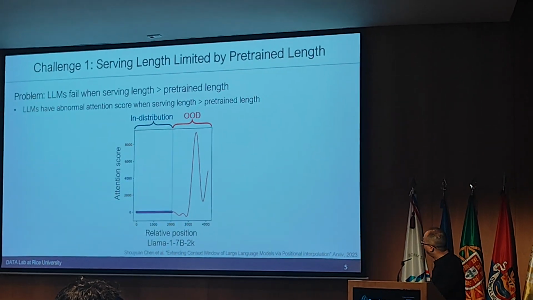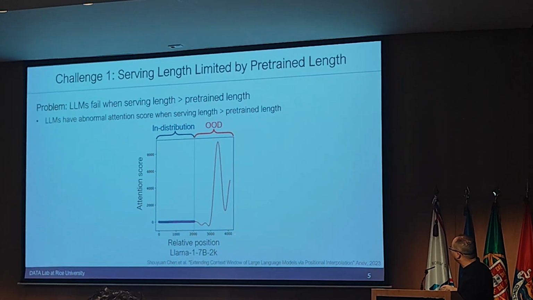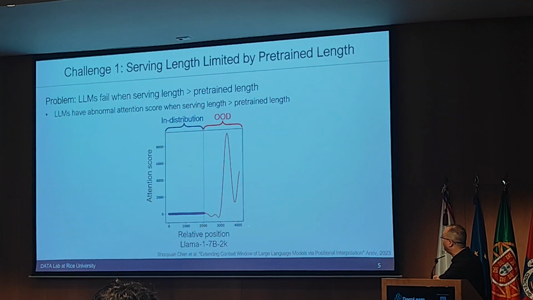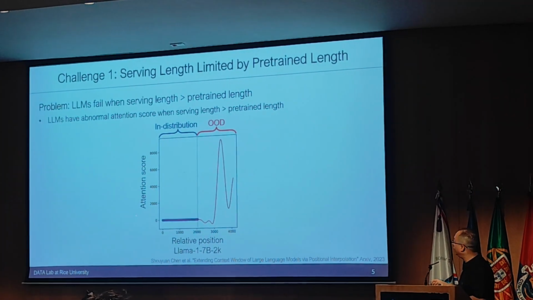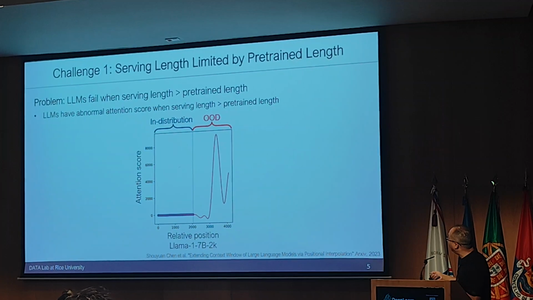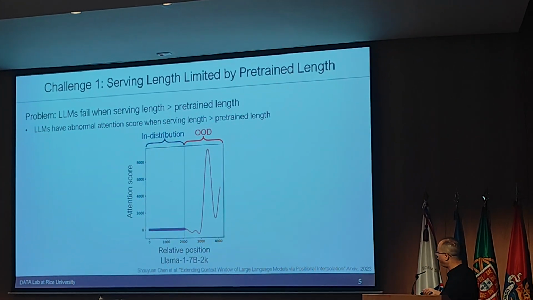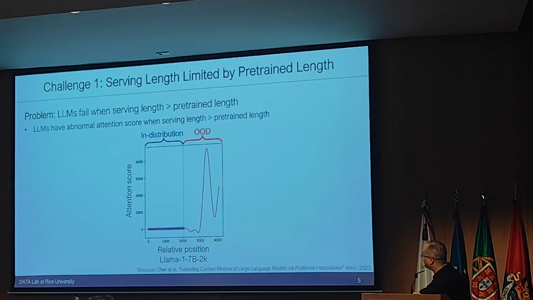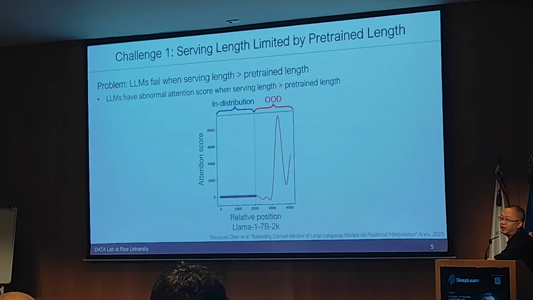From this figure, X represents the relative position, which means at the time of serving the model, the length of each of the testing data, and the y-axis represents the attention score. As we can see, when we try some testing data on the model, Llama 1 with 7 billion parameters, the 2K here represents the context limit.